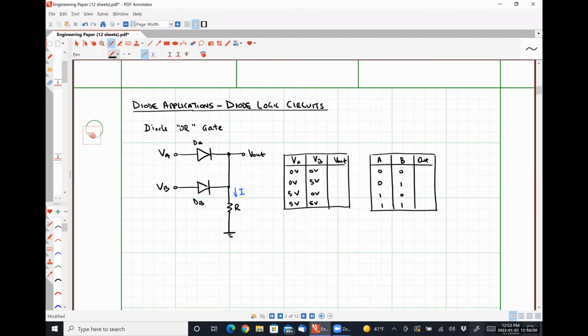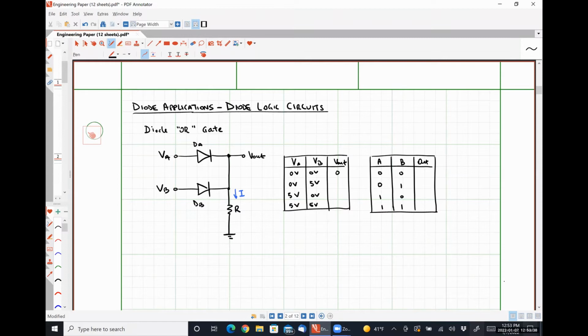So we should easily be able to see that when both of the inputs are 0, our output is 0 volts. When either of the inputs are 5 volts, for an ideal diode case, our output should be 5 volts. What if both of the inputs are high? Output's still going to be 5 volts.